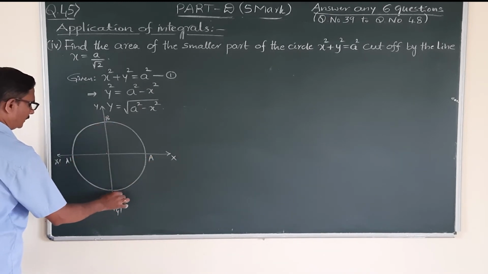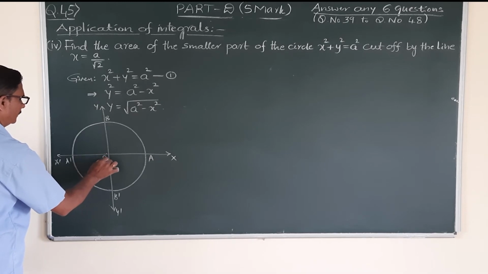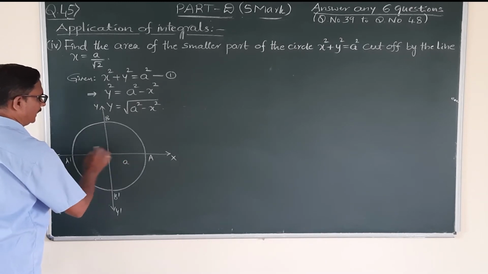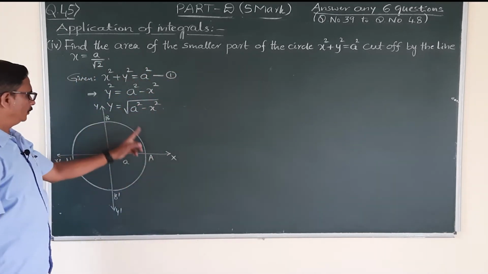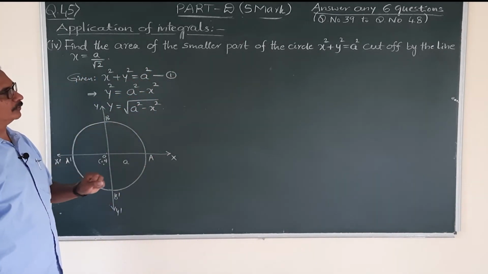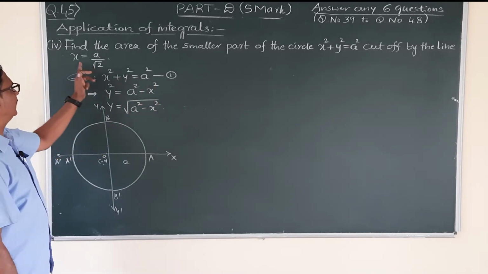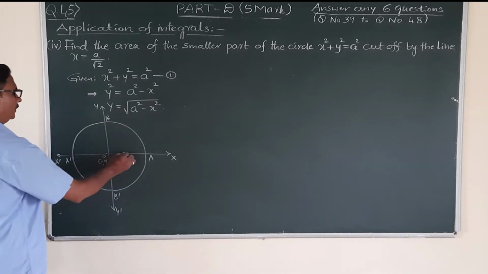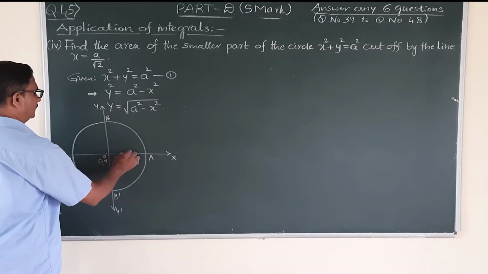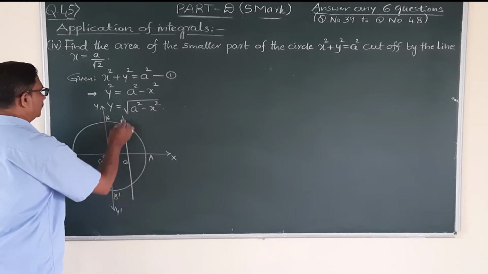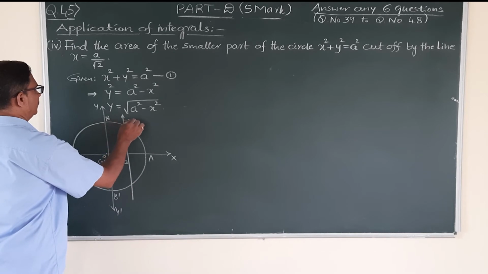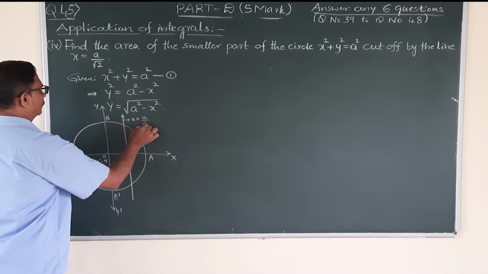Center is at origin and radius is a. This is the big circle, and we take the smaller part of it. What is given? Cut off by the line x is equal to a by root 2. The smaller part is cut off on the x axis. This is x is equal to a by root 2.